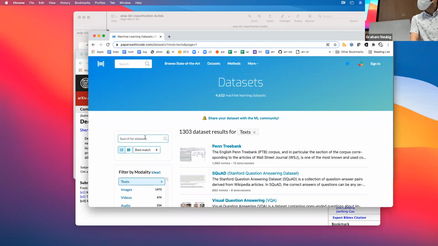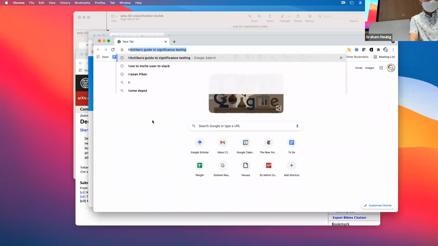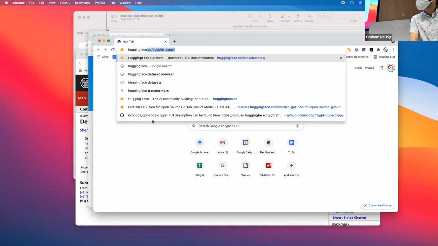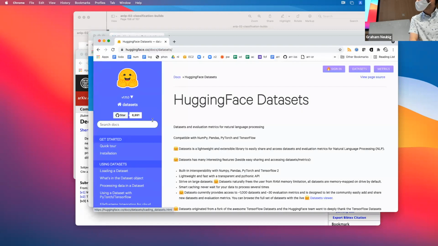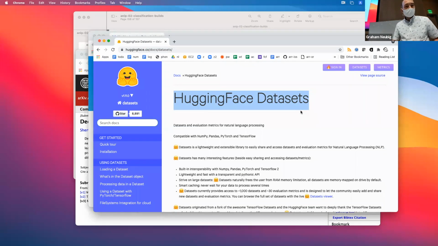Another really good resource is Hugging Face datasets. This is a place where you can get data sets, and one really nice thing about this is they have wrapper code that makes it easy to download them and process them into a standard format. So these would be my two main recommendations as a place to find them.